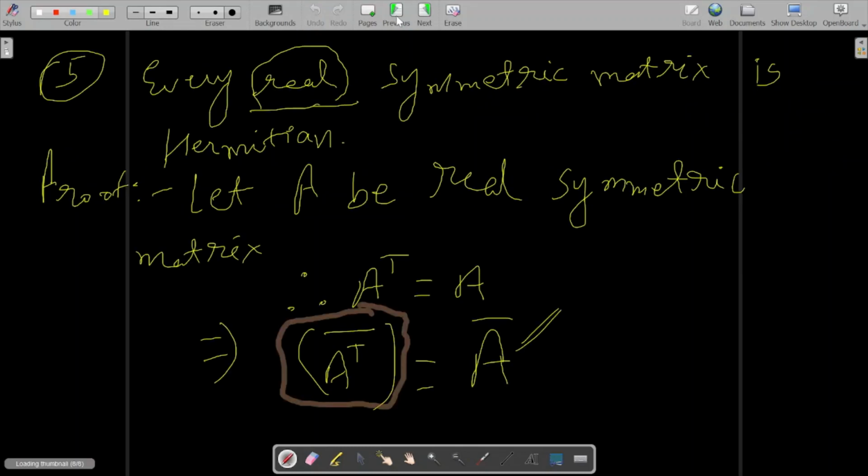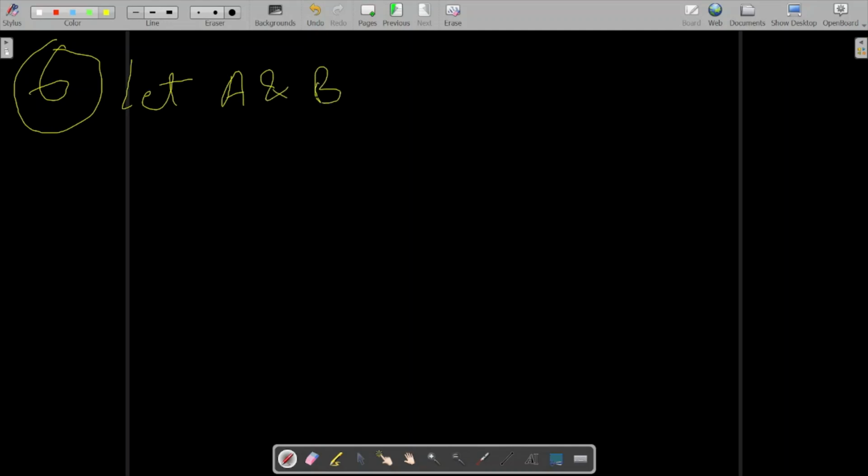I won't go into the proofs of all this, but you have to prove all of this yourself. Sixth and seventh property you have to prove yourself, your homework.